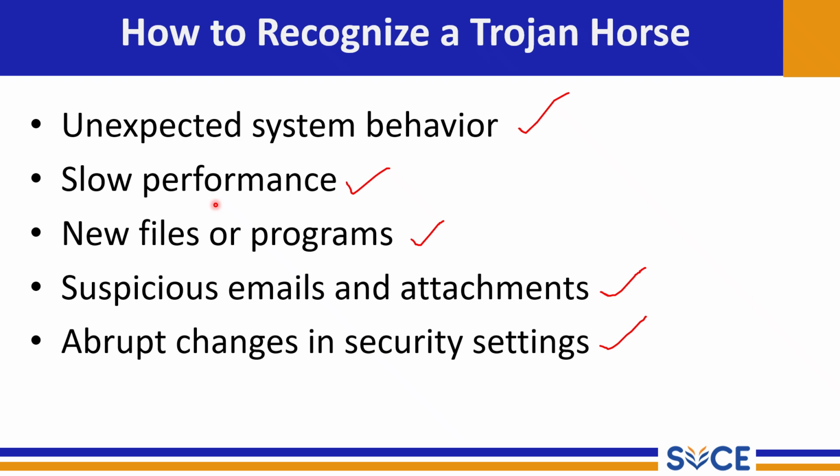And if you notice these changes in settings that you did not authorize, investigate further for potential threat. Okay. So this helps to identify and neutralize a potential threat before it harms your system. Okay.